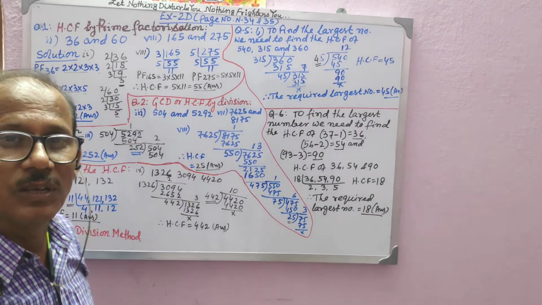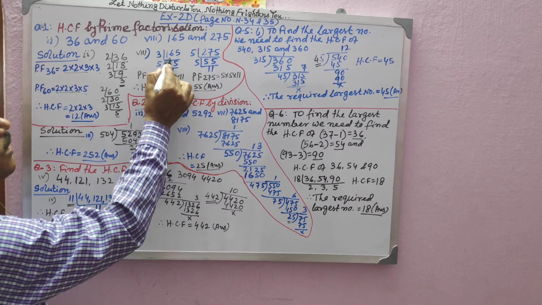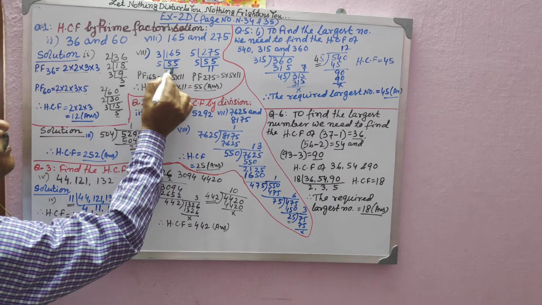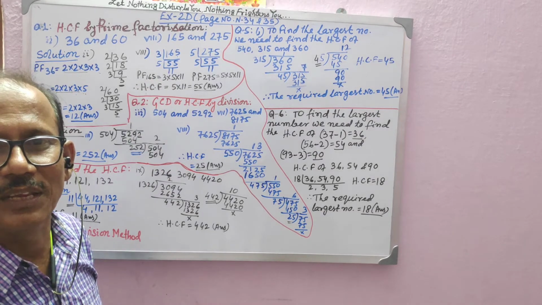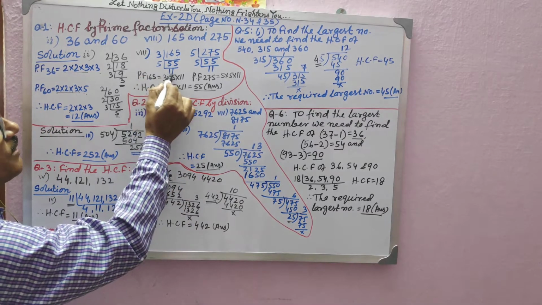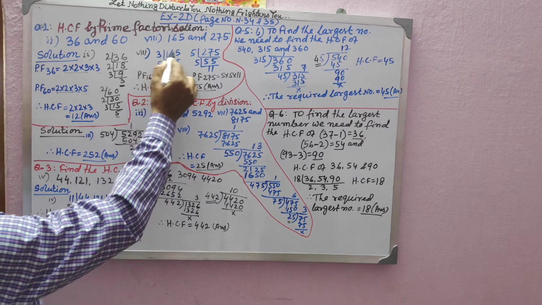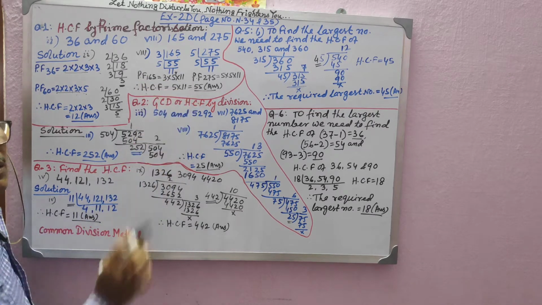So 12 is going with 3, so 3 will divide it. 3 5s are 15, so 55. Again, 55 will not go with 2, will not go with 3, 5 can divide it. 5 11s are 55, and 11 is a prime number, so it can't go further. So 165 as a product of prime factors will be 3 into 5 into 11, got it?